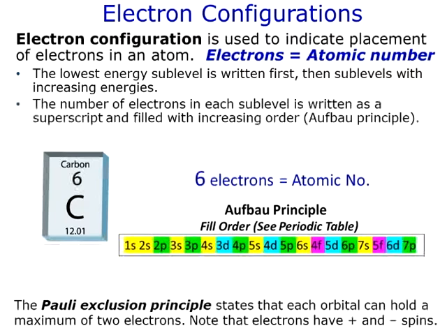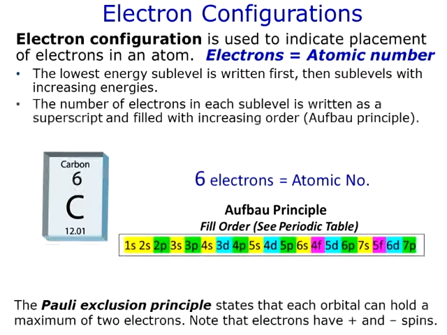Electron configuration is used to indicate placement of electrons in an atom. In other words, where do you place the electrons in the atom? Where are they located? Electron configuration allows you to visually see that. You must keep in mind as we work through these problems that electrons equal the atomic number.